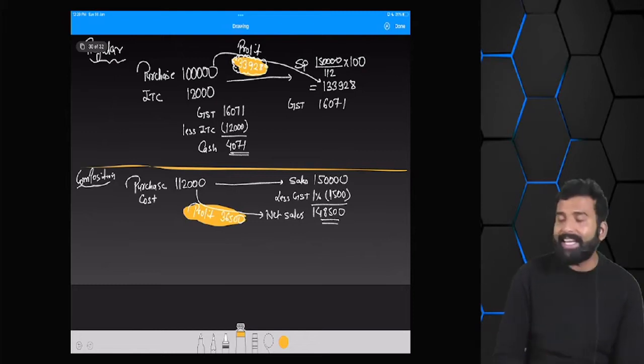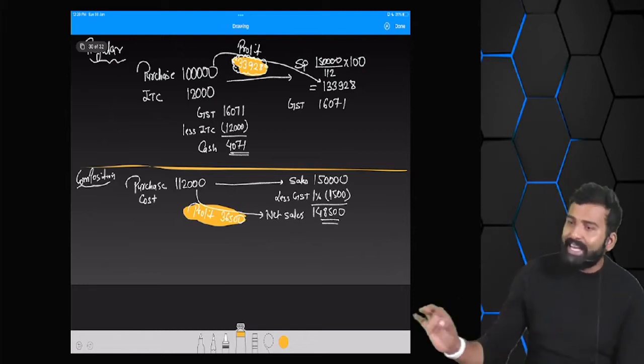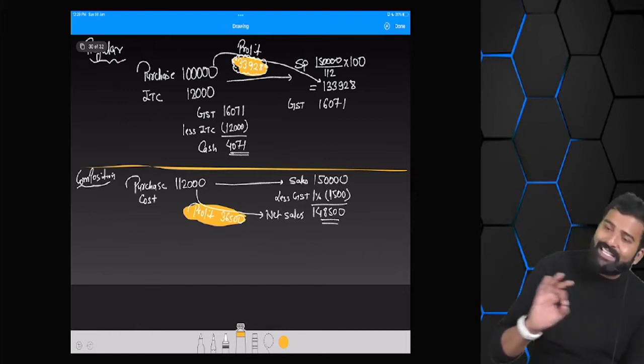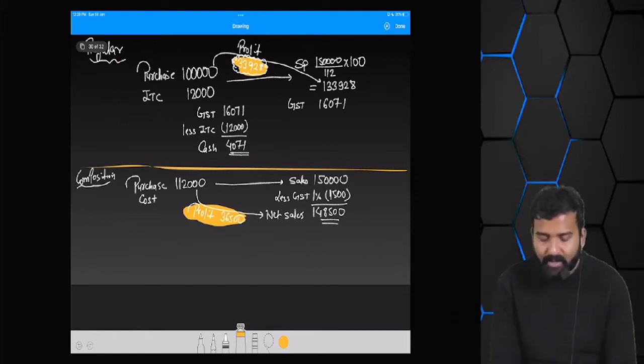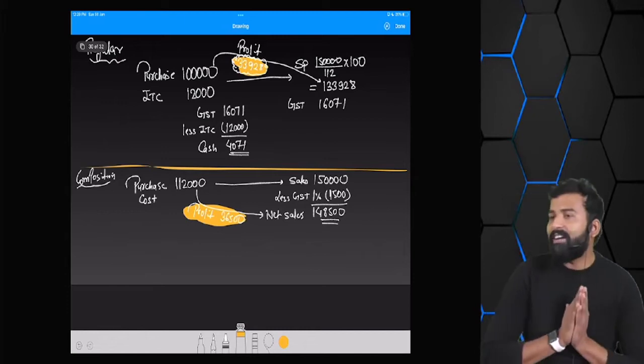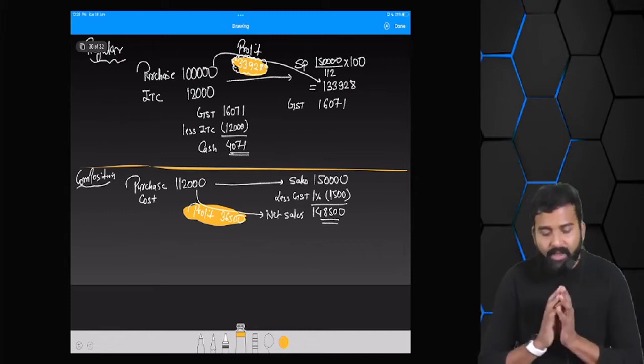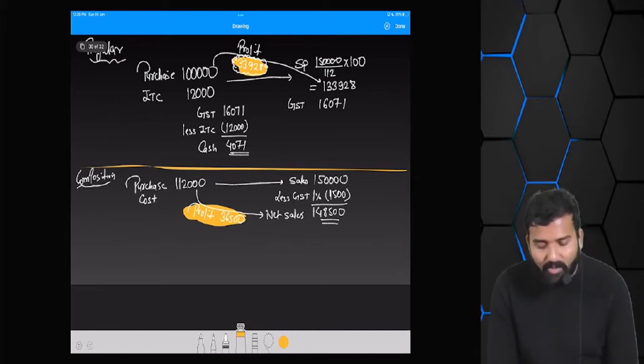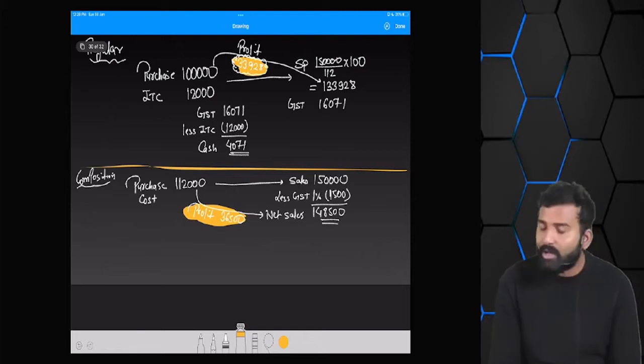But now in the second case, he will not collect tax separately. He will be charging the same price as he was charging before. Out of 1,50,000, he will be paying 1%, that is 1,500 tax, from his own pocket. So he will be left with 1,48,500 in his pocket, and his purchase cost is 1,12,000. So the rest, 36,500, is his profit.